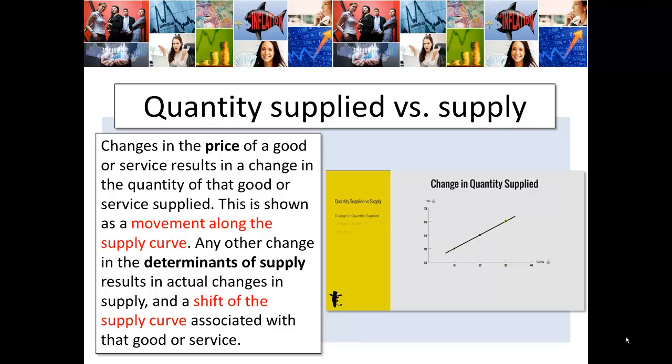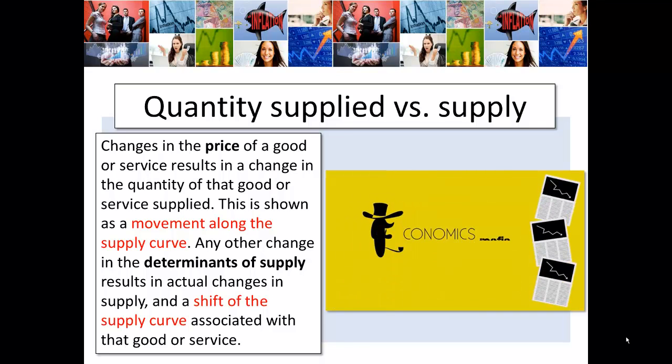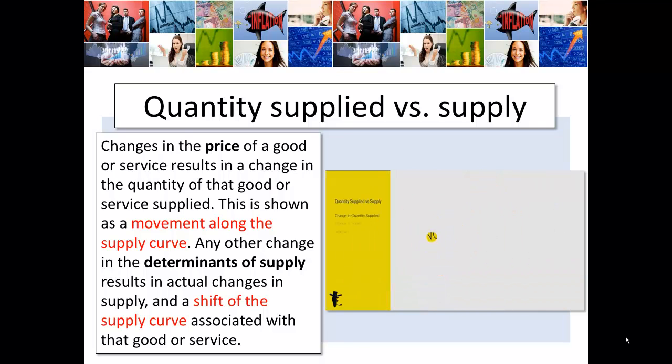In econ speak, this movement is called change in quantity supplied. When price changes, we say there's a change in quantity supplied. Remember, there are other factors affecting supply as well.